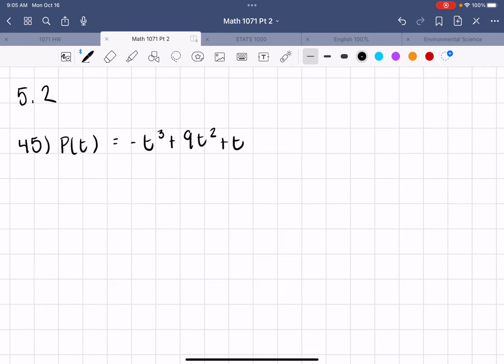Well, how about if I try to do it in general and then restrict myself? So let's see what happens. Let's pursue it as before. Our first derivative information, p prime, gives us negative 3t squared plus 18t plus 1.